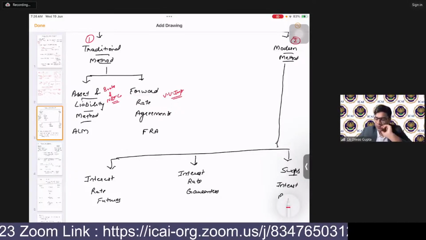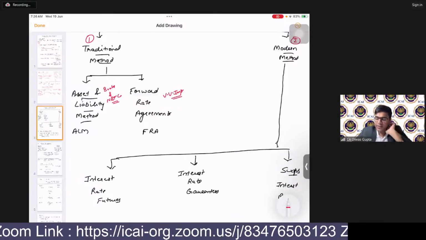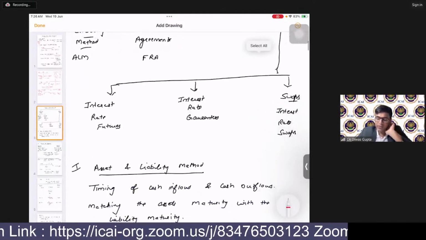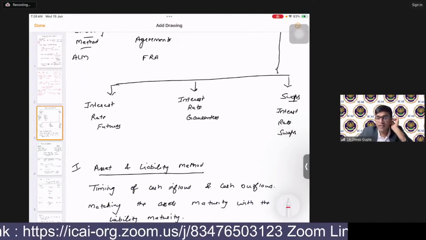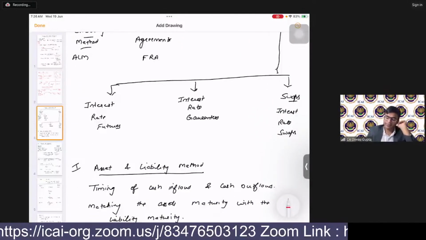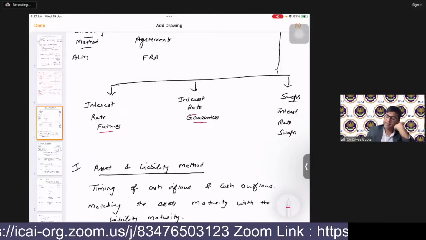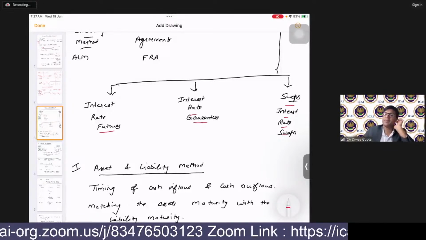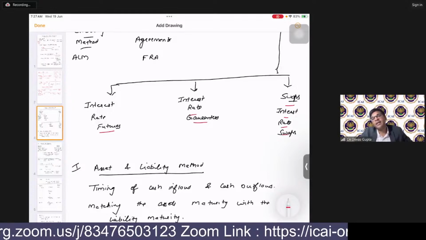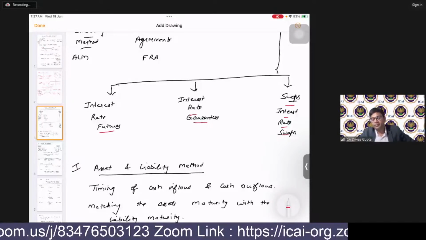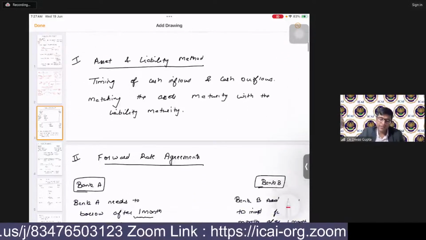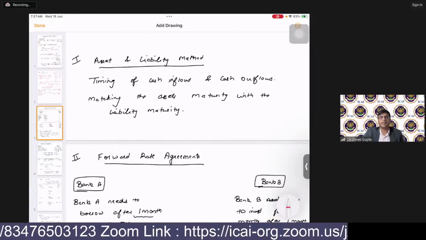Okay, students, now we will go into detail. What are the modern methods? In modern methods, we have interest rate futures, interest rate guarantees. Lastly, we have swaps, which are called interest rate swaps. So let's start our discussion with the asset and liability method, students.